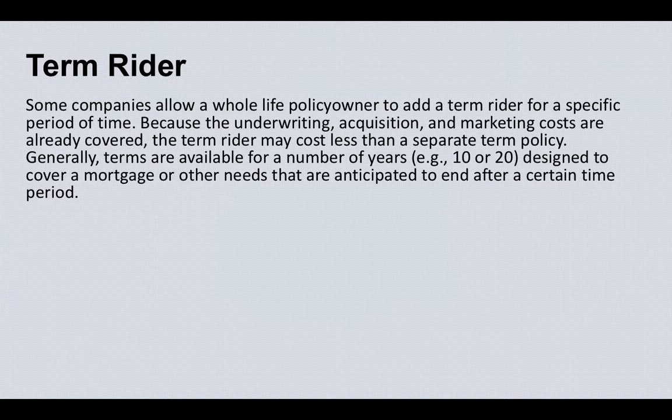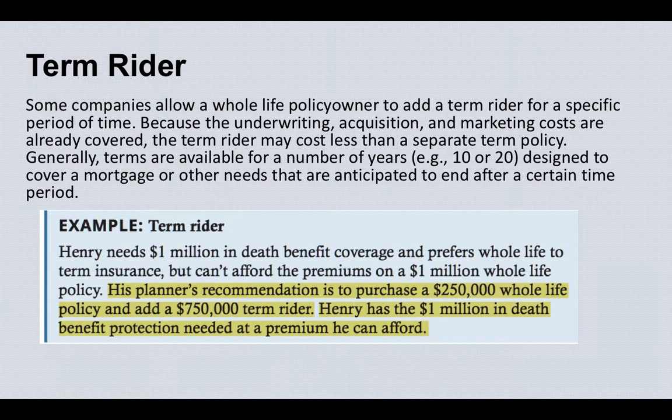This is very interesting. Instead of buying a term life insurance, you add a term rider. Let's see this example. Say Henry needs $1 million in death benefit cover and prefers whole life to term insurance, but cannot afford the premium for a $1 million whole life policy.